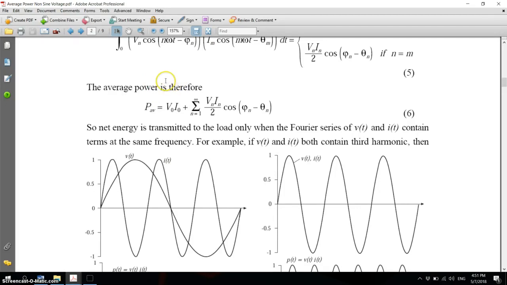Okay, so if your voltage and current are at the same harmonics or at the same frequency, they contribute to the average power.